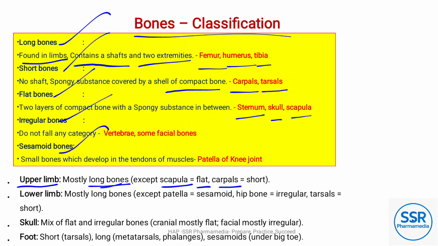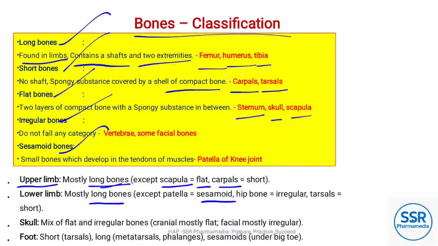Lower limb bones are mostly long bones, except the patella, an example of a sesamoid bone, and the hip bone, an example of an irregular bone, and the tarsals, which are short bones. The skull is a mixture of flat and irregular bones: cranial mostly flat, facial mostly irregular.